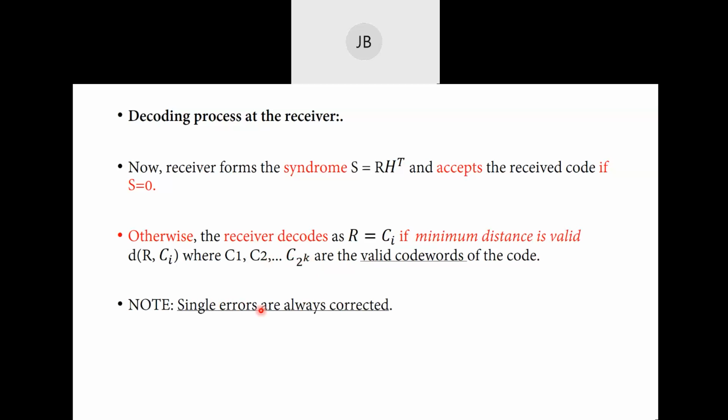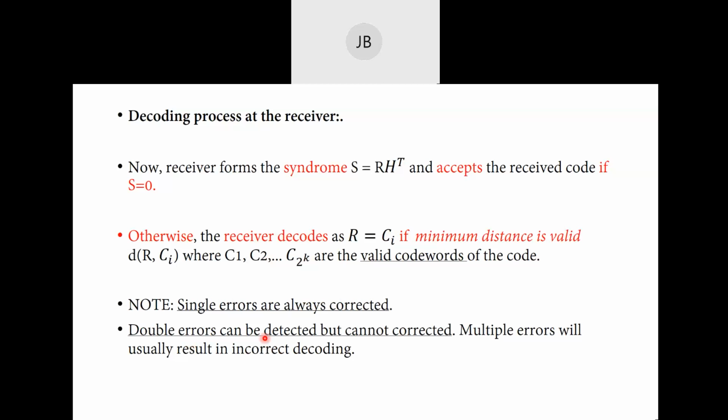Next, single errors are always corrected in that case, but double errors can be detected. If there are two errors, then they can be detected because the number of errors we can detect is d minimum minus 1. To correct single errors, the d minimum value should be 3. 3 minus 1 by 2, that is 1.